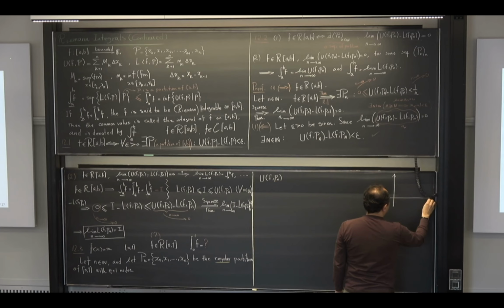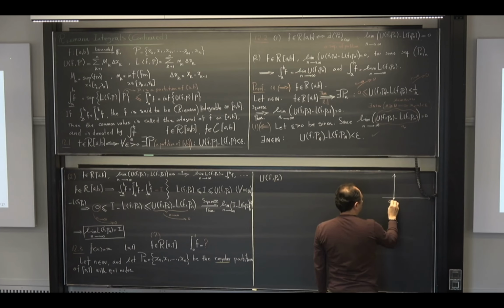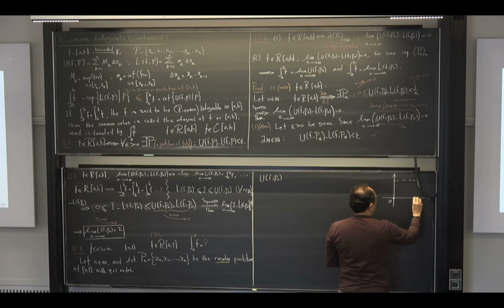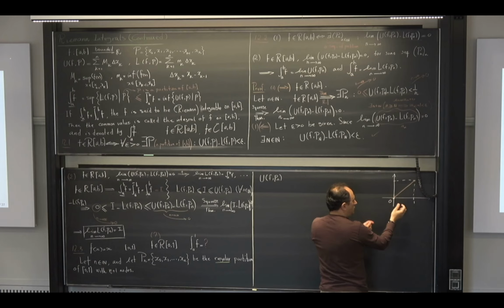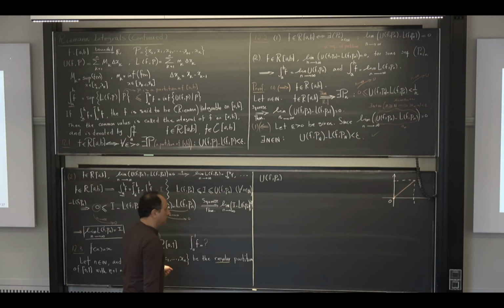So here this is 0, and this is 1, and this is your function, because f of x equals x is this function, just a straight line. So what I am doing is partitioning this into n equal pieces, because I am considering this a regular partition.